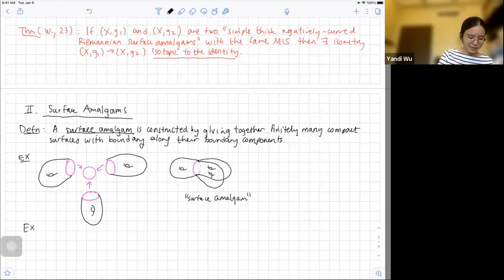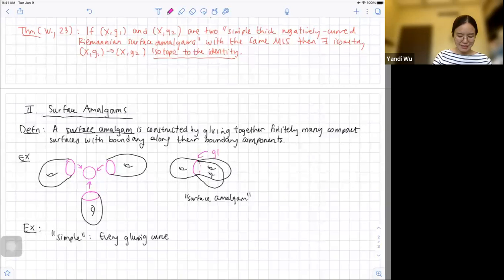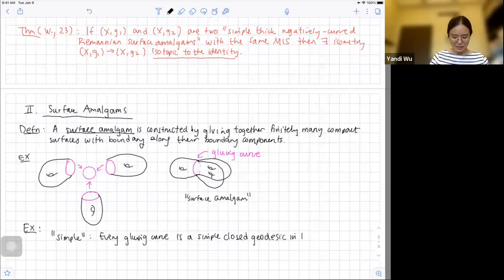The first assumption is that my surface amalgam is simple. This basically means that every gluing curve, and this here is a gluing curve, for example a curve where a bunch of boundary components are glued together, is a simple closed geodesic in the surface amalgam.